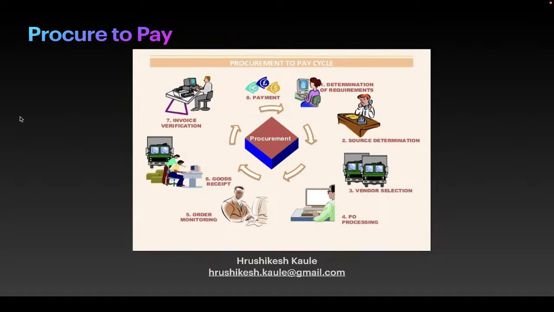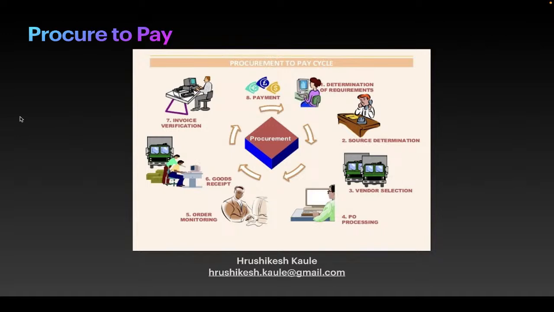It will be a clearer picture when we start that particular topic: what is goods receipt, what are the scenarios, what things happen, and what happens if the material is damaged, or there is less material or additional material. These are multiple scenarios which come into the picture, so we are going to go through that also.